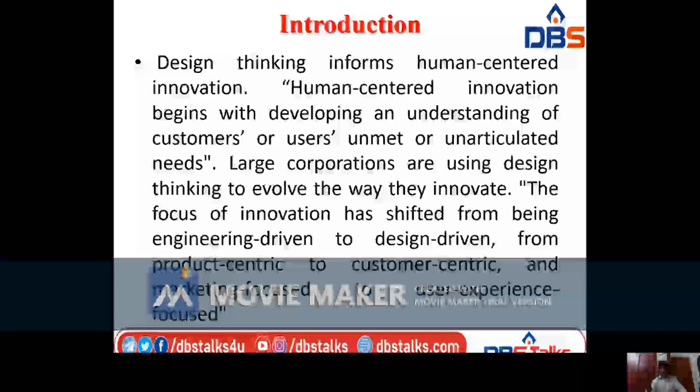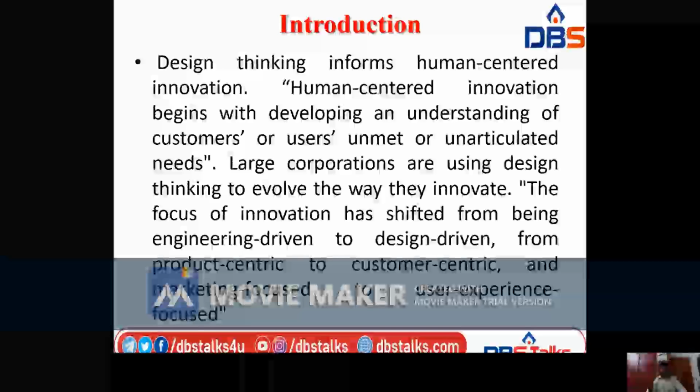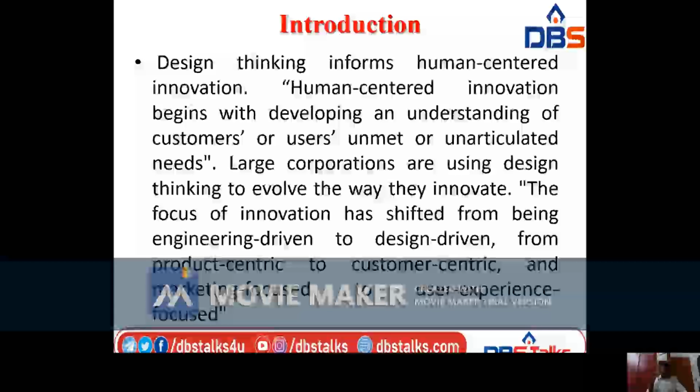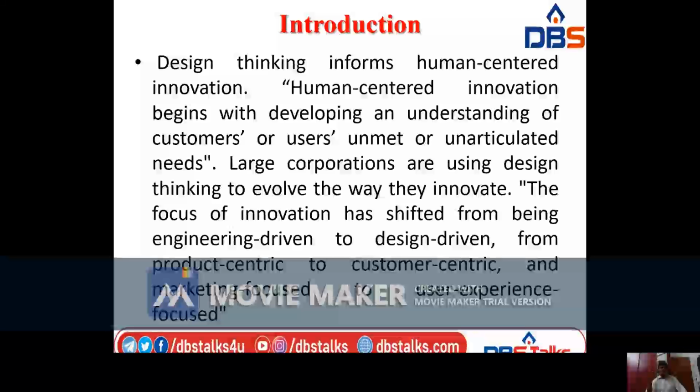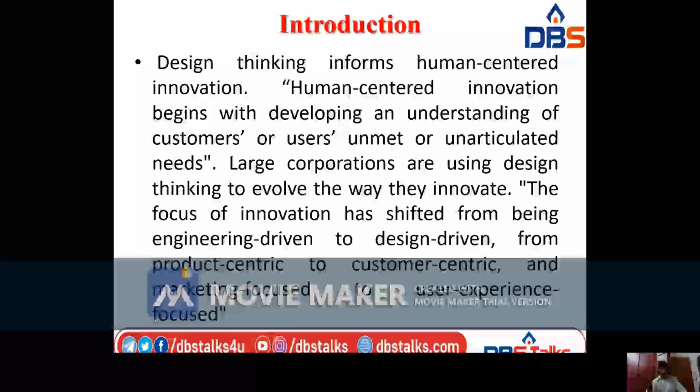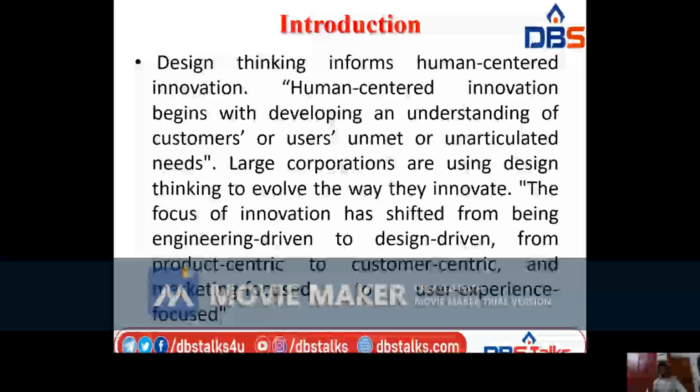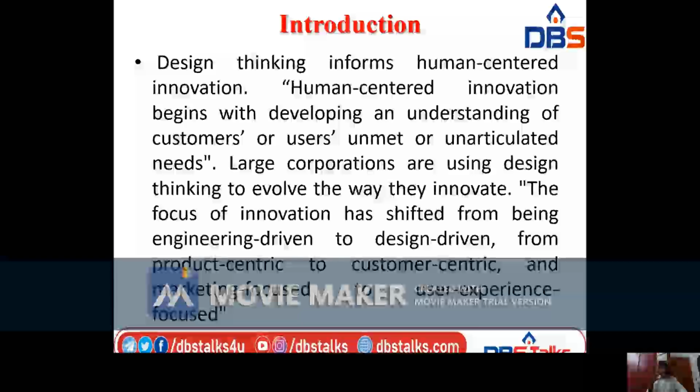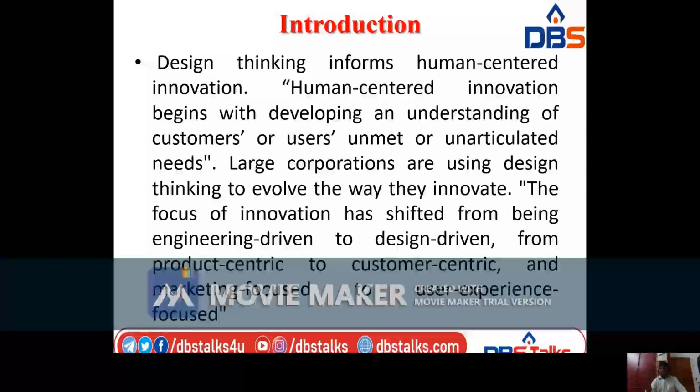By applying design thinking, the focus shifts from engineering driven to design driven, from product centric to customer centric, and finally from marketing focused to user experience focused.